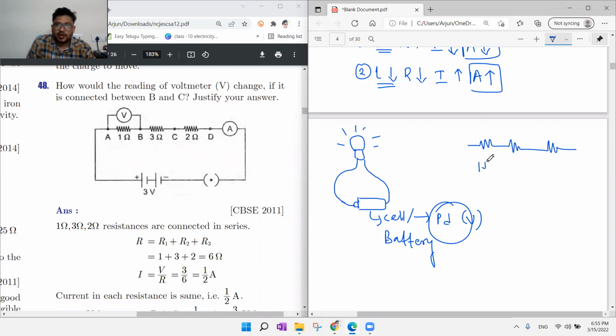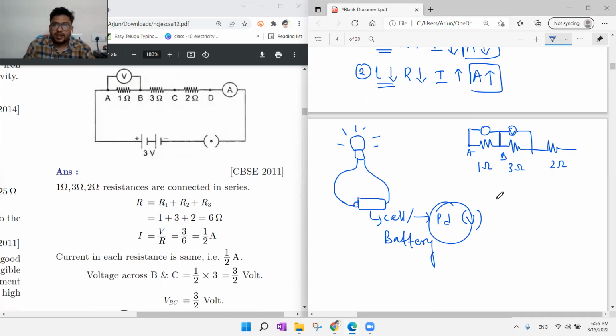First resistor value is 1 ohm, second 3 ohm, third 2 ohm. The voltmeter is connected between A and B, that is, to the 1 ohm resistor. They are asking, if it is connected between B and C, by removing this voltmeter and connecting it to the 3 ohm resistor, what happens to the voltmeter reading.